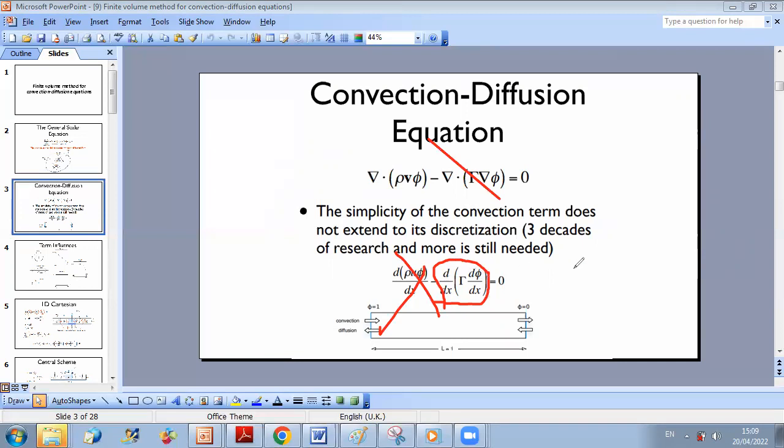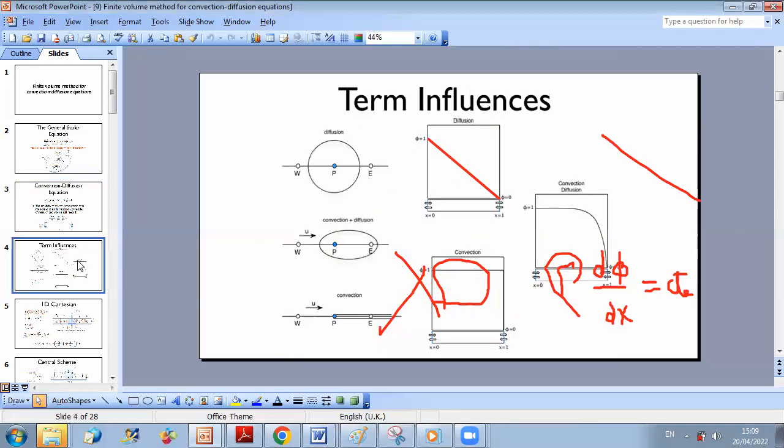This means that gamma times d phi by dx is a constant. And if you have constant diffusivity, then the derivative of phi with respect to x is constant, and this means that phi will vary in a linear way. This is why we say that for the case of just diffusion without a source term, the variation of the variable will be linear. While for convection, no.